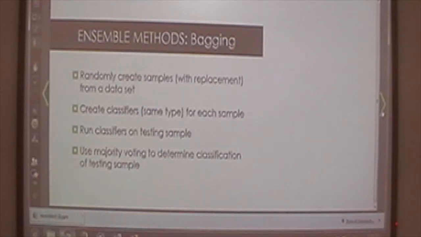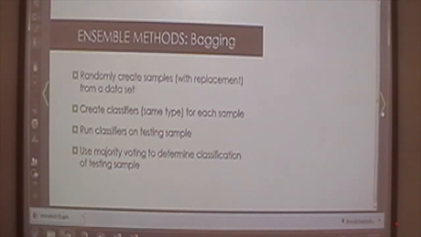What does it mean, the same type of classifier? So like the same kind of data type? So you're going to create a classifier. Maybe you're going to use, I'll use a decision tree as an example. So you'll create a decision tree for each of your samples.